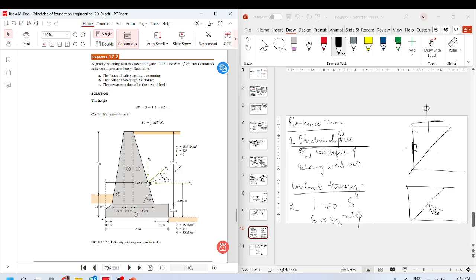You see here, you will have delta plus this angle. This angle is 90 minus 75, which is 15. First, you will have this angle because of inclination of the wall. This is very easy to understand.